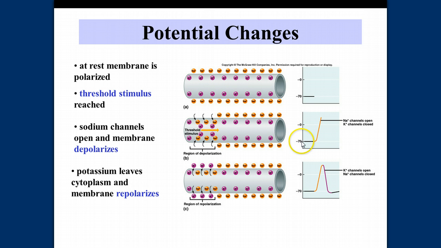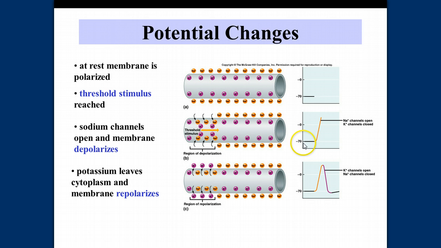So here's that number line sideways, and this should just be a 0. We have negative 70 millivolts, and as we go this direction, it becomes more positive. Everything up here is positive in charge, and everything on this side of the 0 is negative. So we have negative 70.